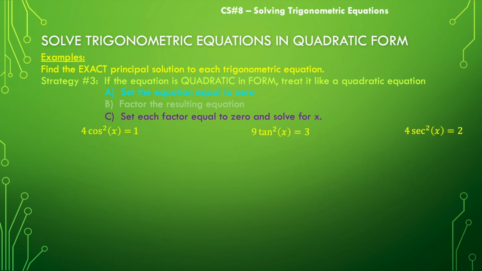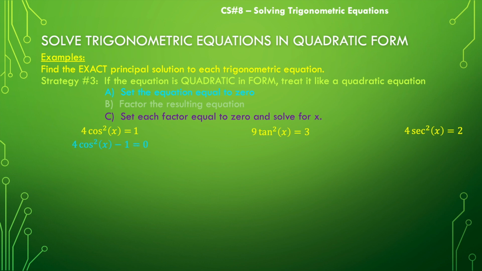A couple more examples for us to walk through, and look, these look a little simpler, okay, and in some ways they are. Notice that they're still quadratic in form, but there's no middle term. Okay, so let's take a look. This first example, 4 cosine squared of x is equal to 1. We will set that equal to 0 and subtract 1 on both sides.